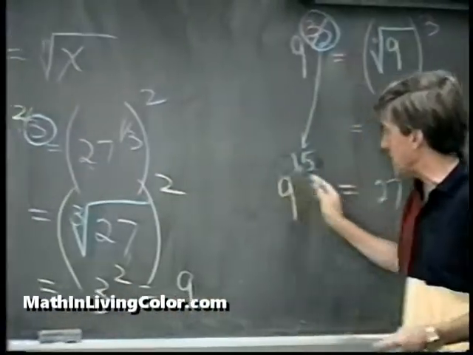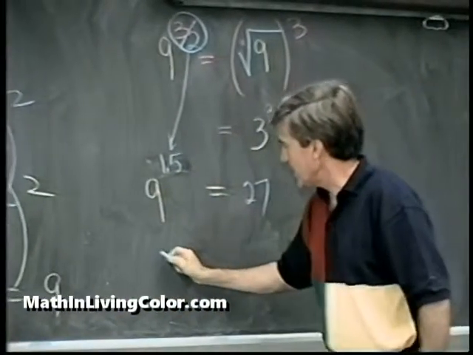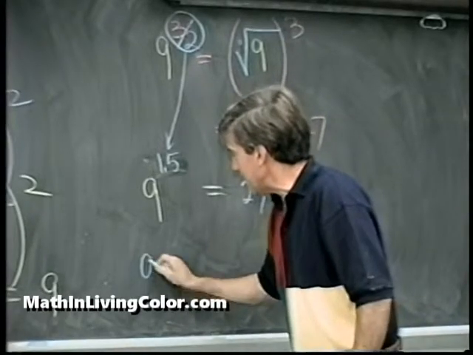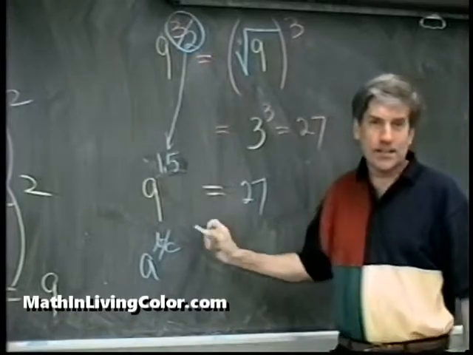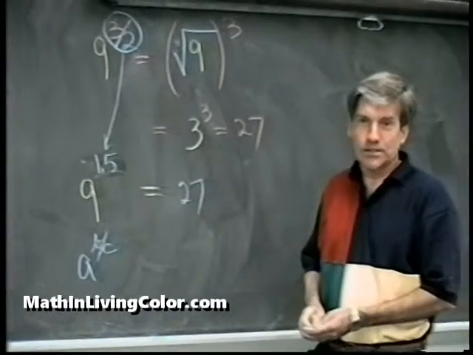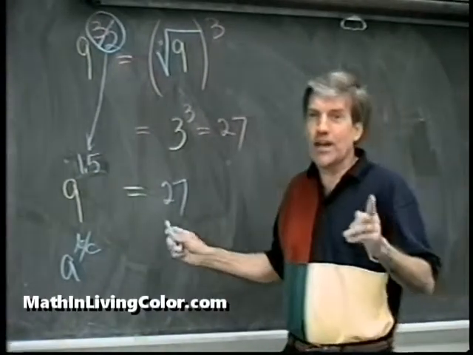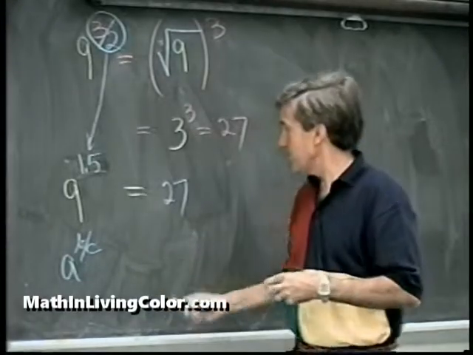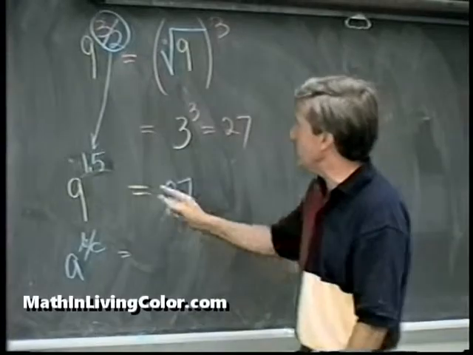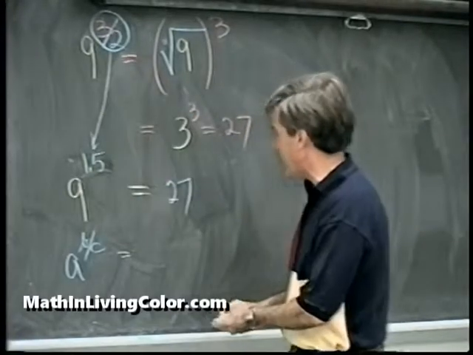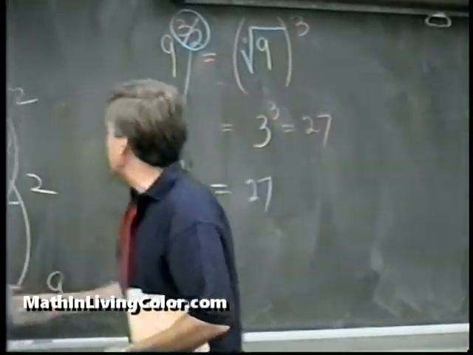Let me leave these two examples on the board. A calculator button that says A raised to the B over C button. A lot of calculators have that button on it. And if you have that button, let me show you how to enter this number. What you do, if you wanted to do A to the B over C power, you want to do 9 to the 3/2 power. 9 to the 3/2.